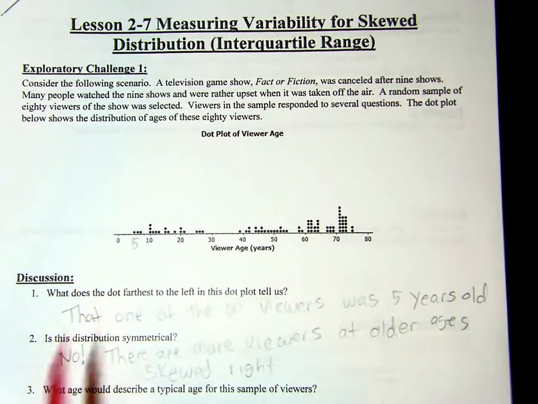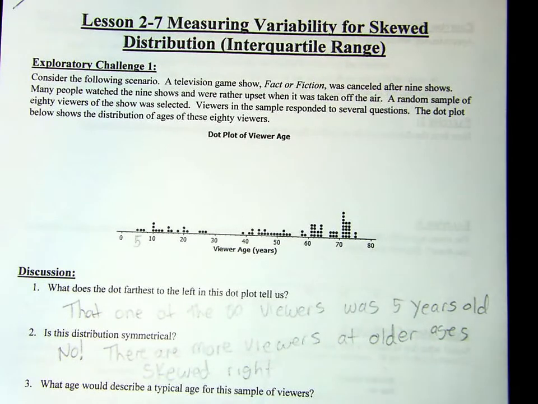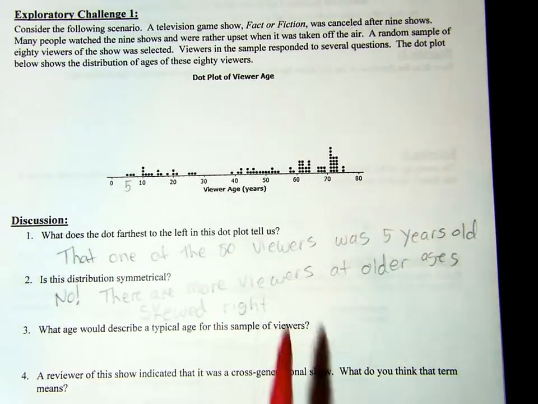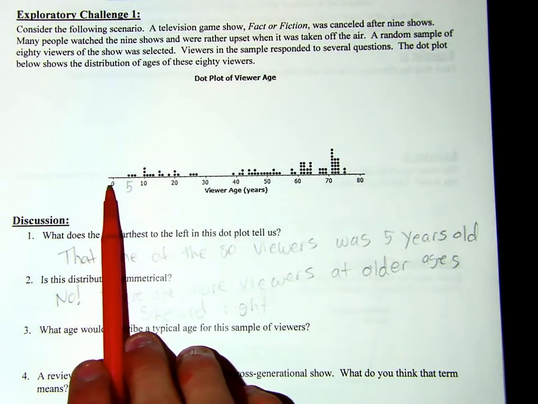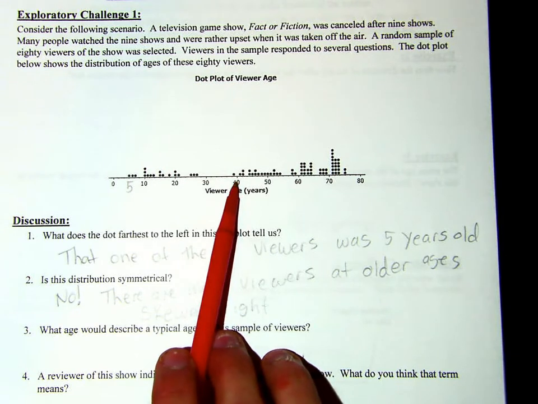So, if we look at this, they want to know, what age would you describe as a typical age for the sample of viewers? So, we're kind of trying to find where our mean is, because our mean will tell us a typical age for the sample of viewers. We know the data ranges from about 0 to 80. So our mean would probably be about the middle, 40.